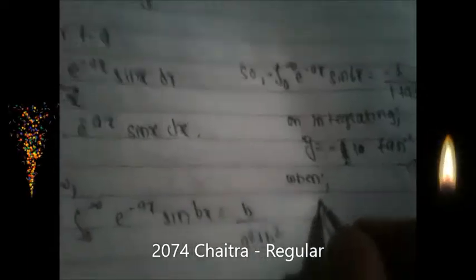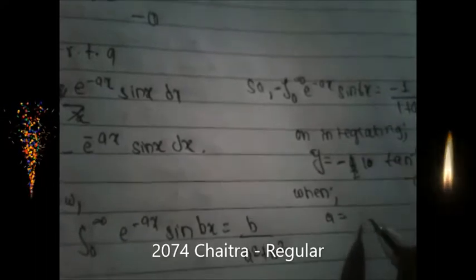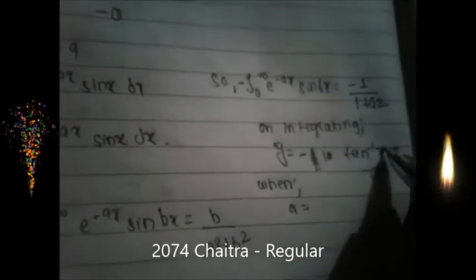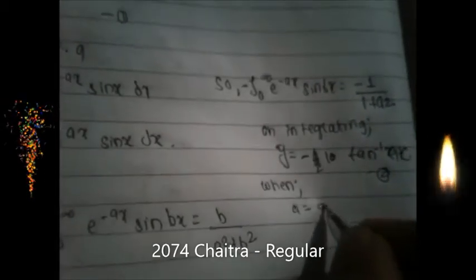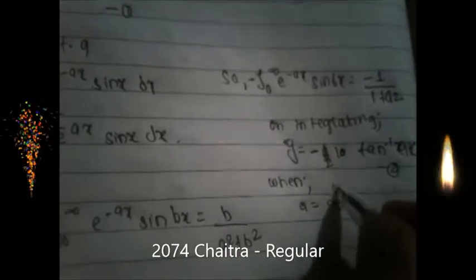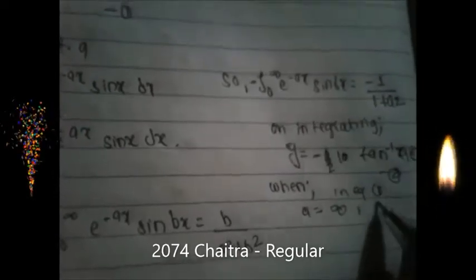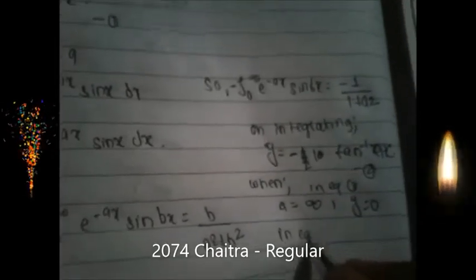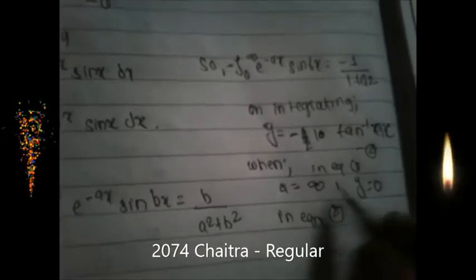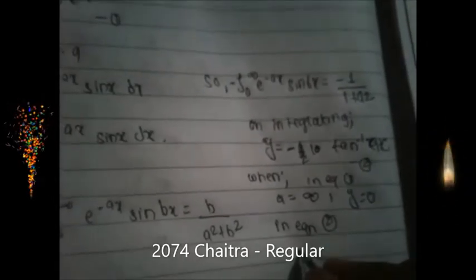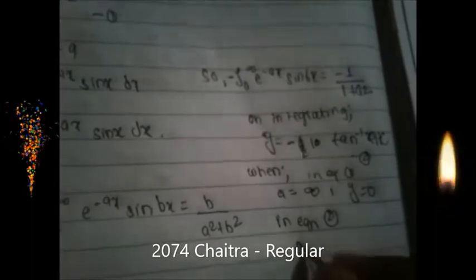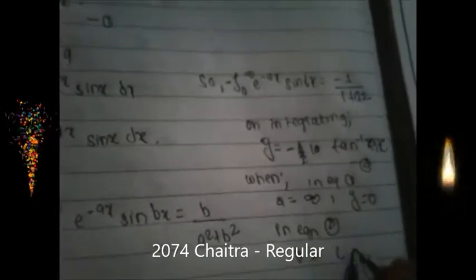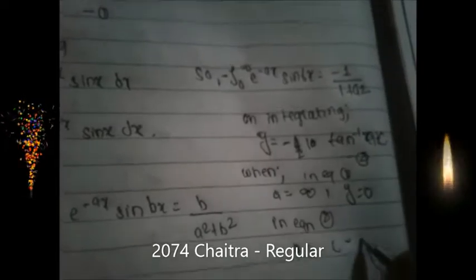When a is equal to infinity, in equation 1 we get y is equal to 0, and in equation 2 we get y as 0, so y is equal to c minus tan inverse of infinity, which is pi by 2.